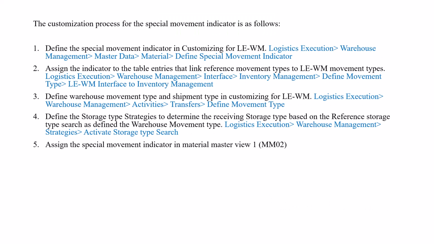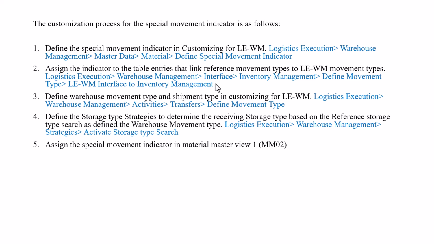So what customization do we have to do to make this indicator work? First, we have to define the spatial movement indicator. Then we have to assign the indicator into LEWM interface. Then we have to check the entry in our movement type.